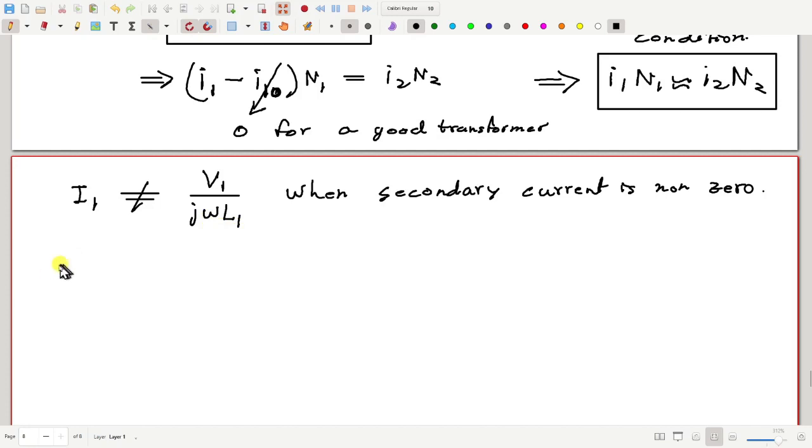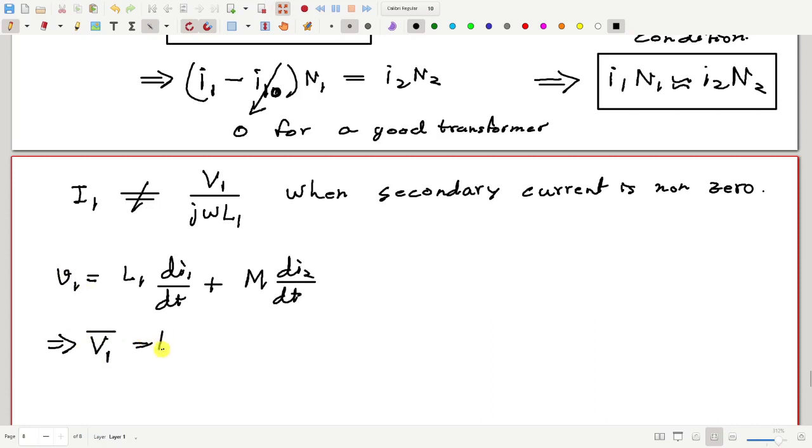In general, what is true is that V1 is equal to L1 di1/dt plus M di2/dt. That means if I write it in phasor form, it will become V1 bar equal to j omega L1 into I1 bar plus j omega M I2 bar.